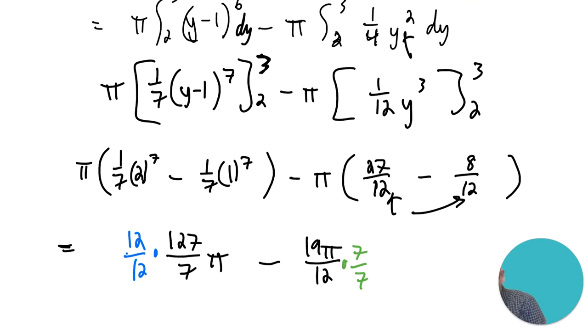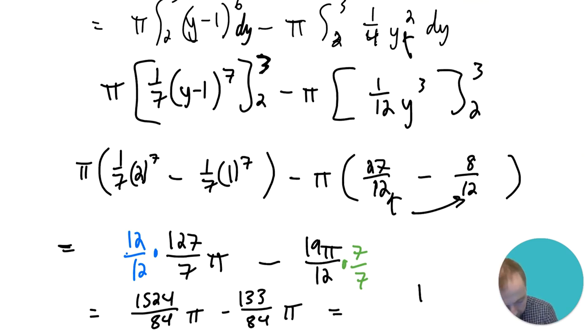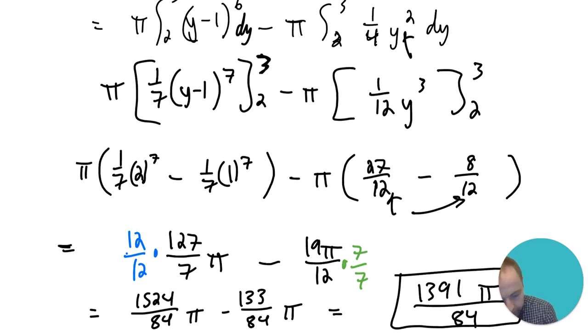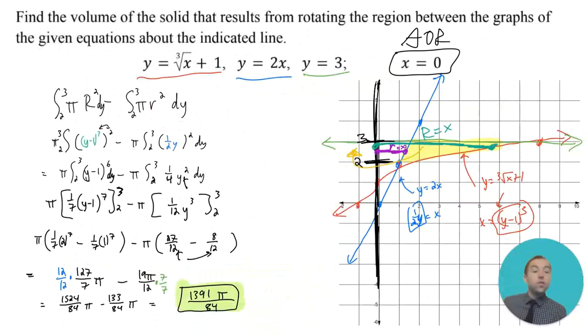You get a common denominator 84 then, since that's 12 times 7. 1524 over 84 pi minus 133 over 84 pi. Let me subtract. You get 1,391 pi over 84. Maybe it reduces, maybe it doesn't. Anyways, we got an exact enough answer of that there.